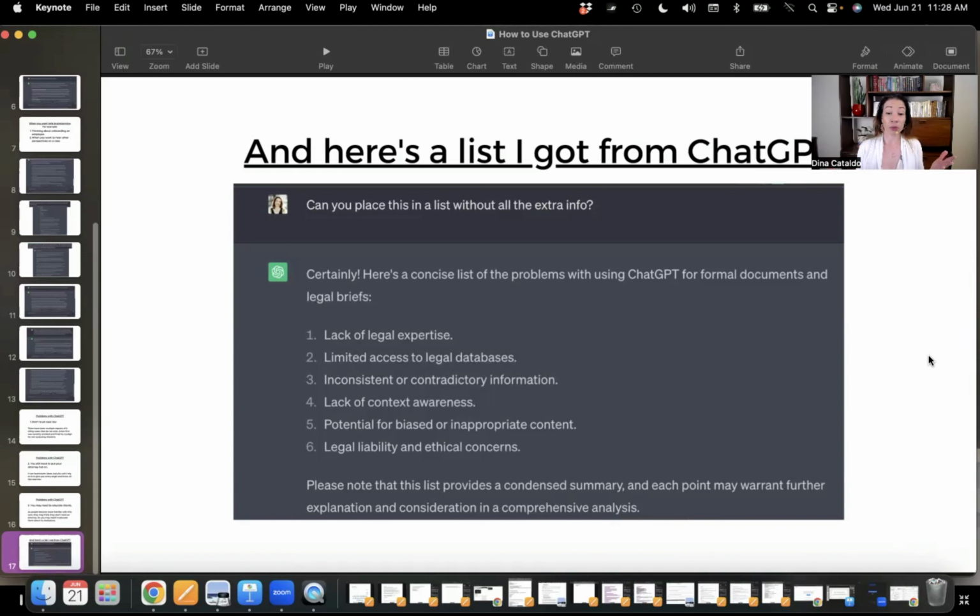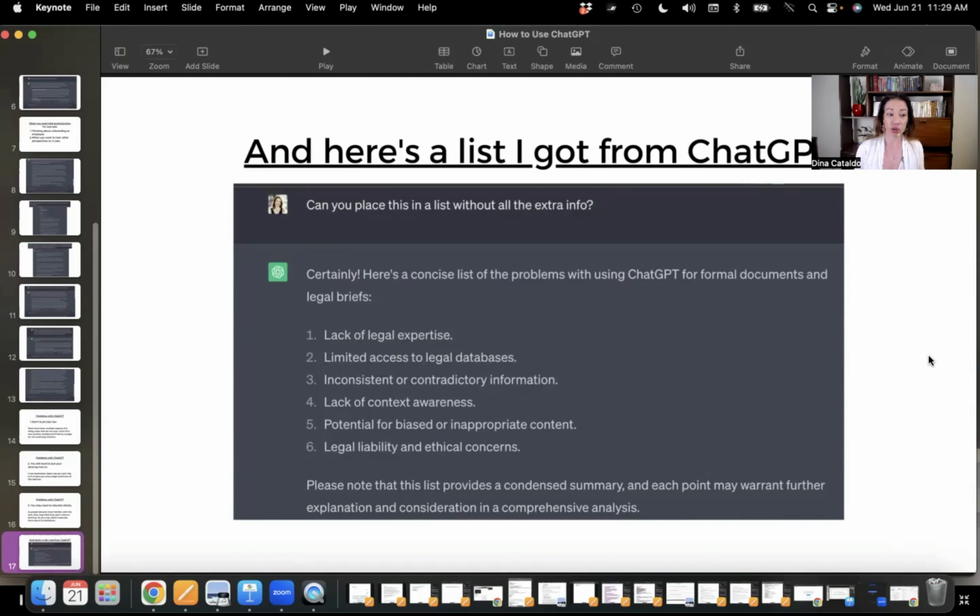And so here are the problems with using it: lack of legal expertise, limited access to legal databases, inconsistent or contradictory information, lack of context awareness, potential for biased or inappropriate content, and legal liability and ethical concerns, which I think I've talked about all of those here.